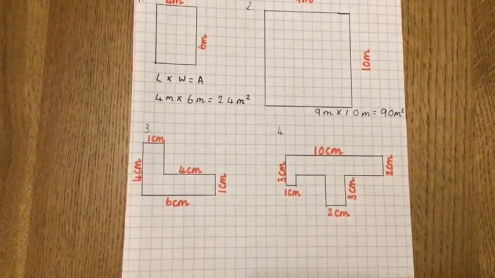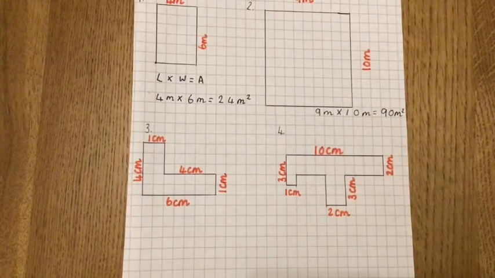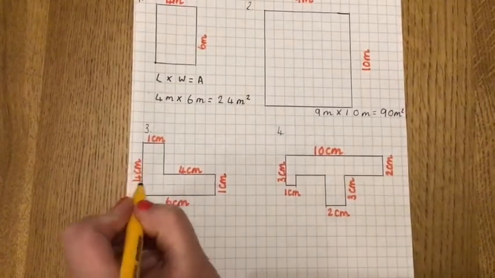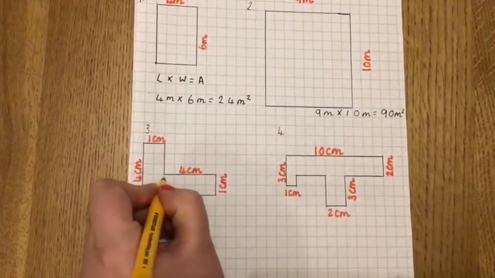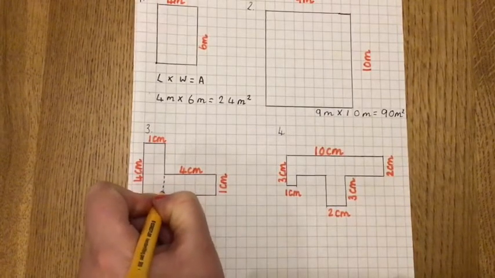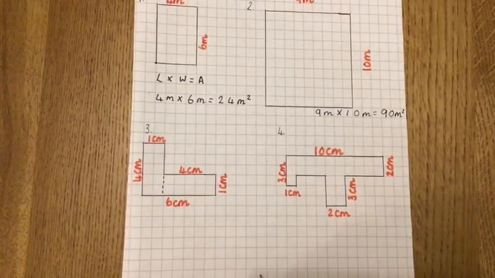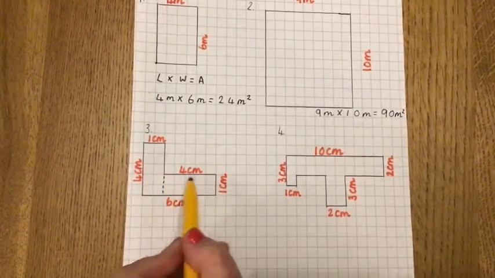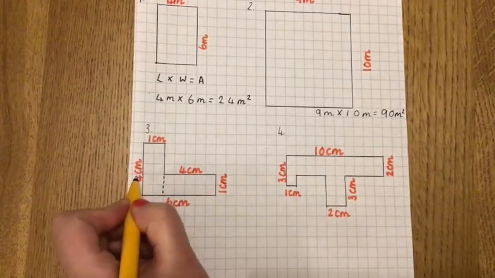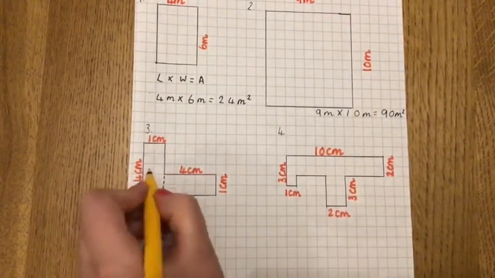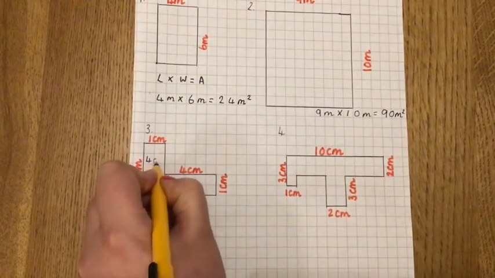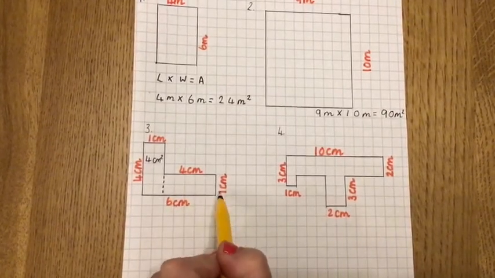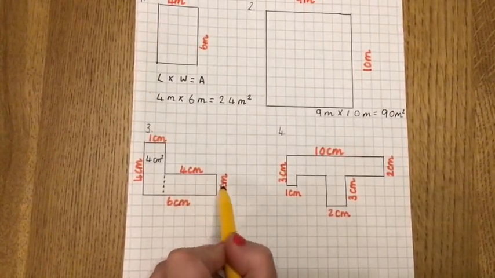So what I'm going to need to do to work them out is split them into rectangles. Now I can see that in shape 3 I've got 2 clear rectangles. So I'm going to work out the area of this rectangle and then work out the area of this rectangle. So 4 times 1 is 4 centimetres squared. And then this rectangle here is going to be 4 by 1.